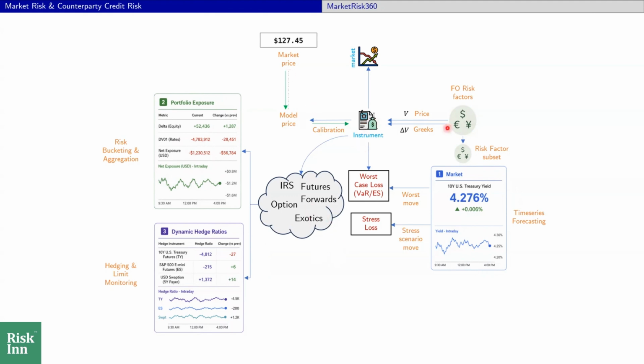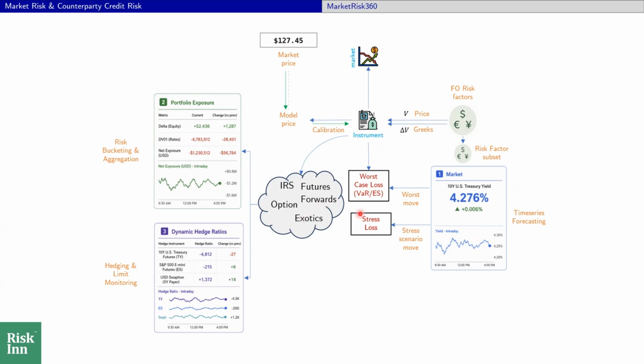So this is the story of one instrument. Ultimately, you have to do it at a portfolio level. So the concept of risk aggregation comes into the picture, right? Instrument level story is one story, but when there are a lot of instruments, how do I aggregate the risk and calculate these at a portfolio level?